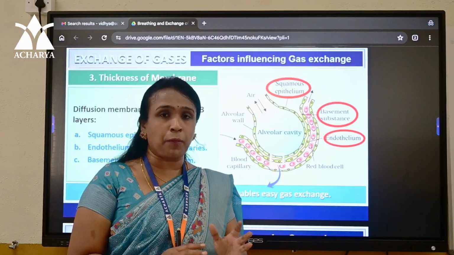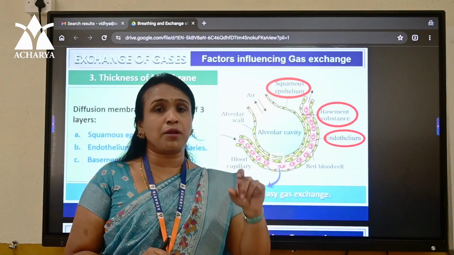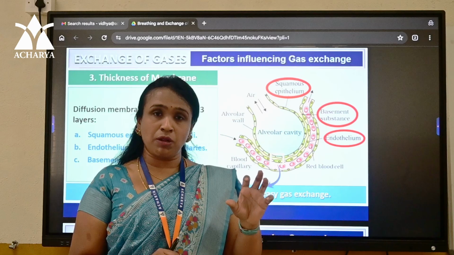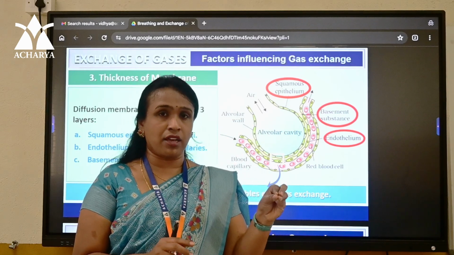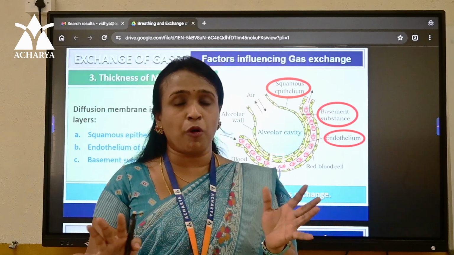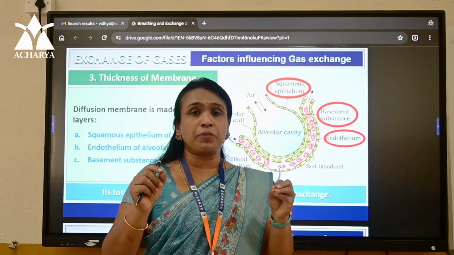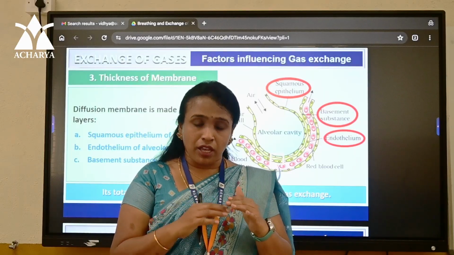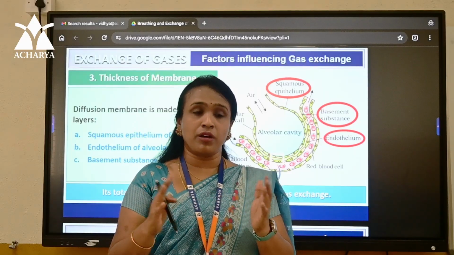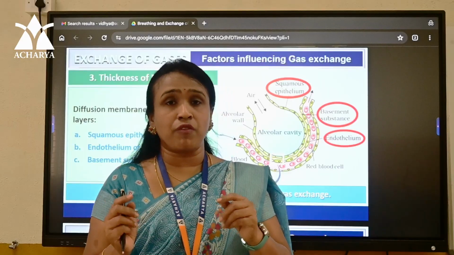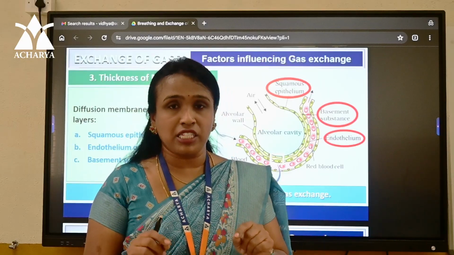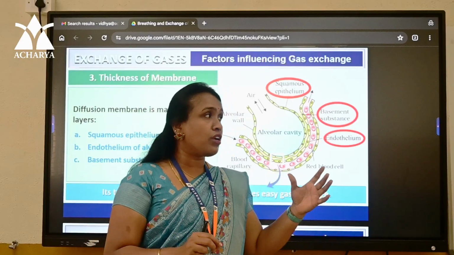Since both of them are epithelial tissue, they produce a basement membrane. This basement membrane releases a substance made up of glycoproteins and mucopolysaccharide, which forms the basement substance, making a transparent semi-permeable membrane where the exchange of gases can take place through simple diffusion.